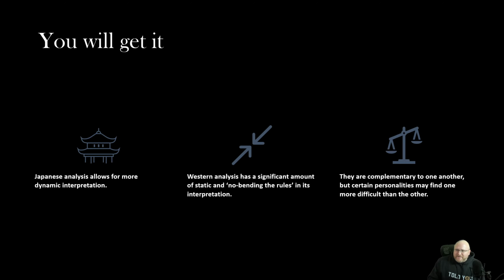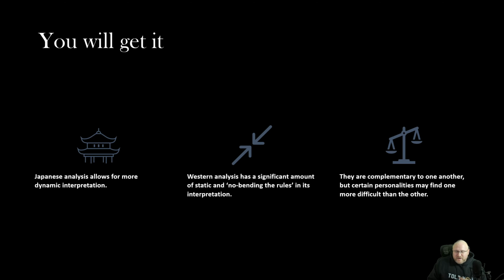But I feel like a lot of people struggle with Japanese candlesticks in their trading, not in their analysis, because we incorporate a lot of Western theory and tool sets to work in conjunction with a Japanese chart style, which is more dynamic.